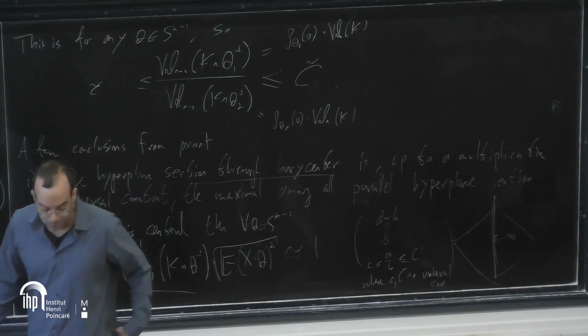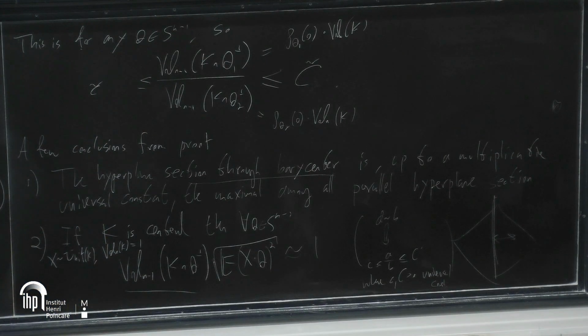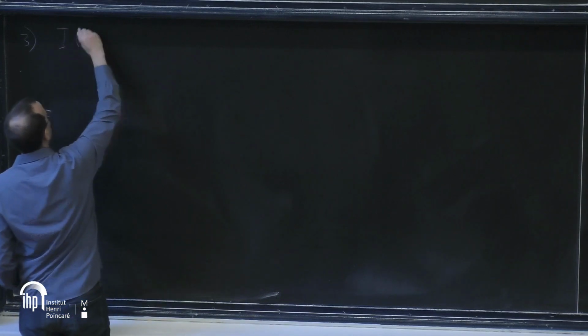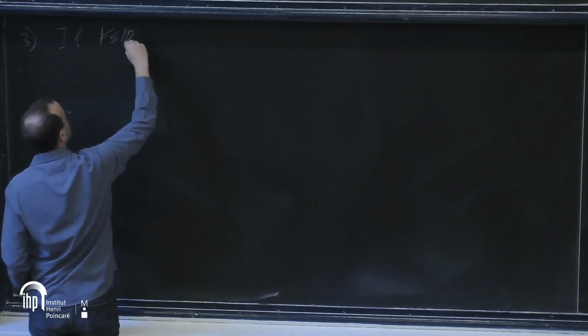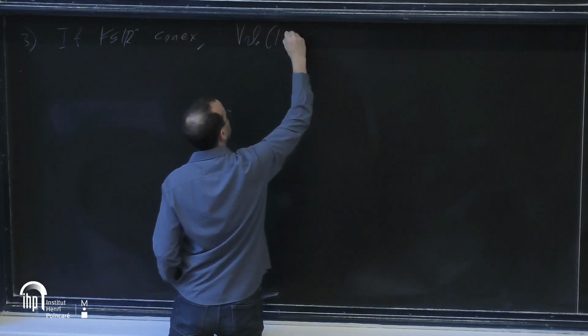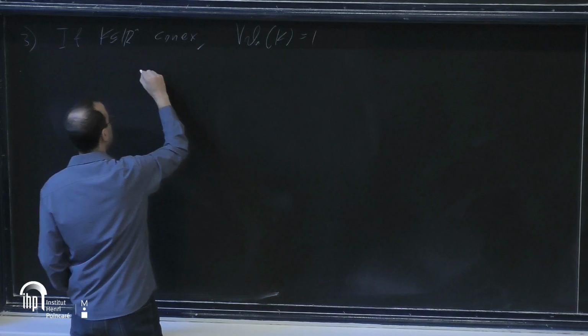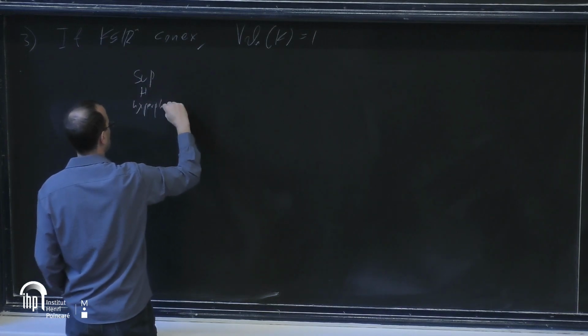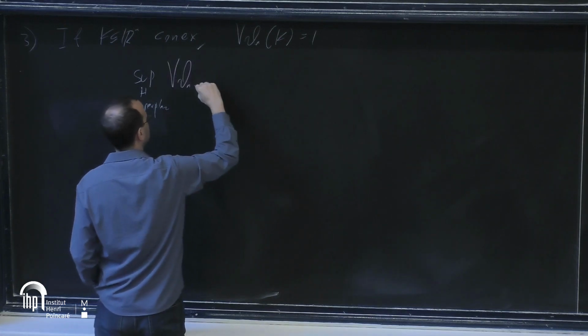So in particular, now we should put both up. Yes, this was the trick. So the third conclusion is that if the volume of K is 1, then what would be the supremum over all hyperplanes of the volume of the section?